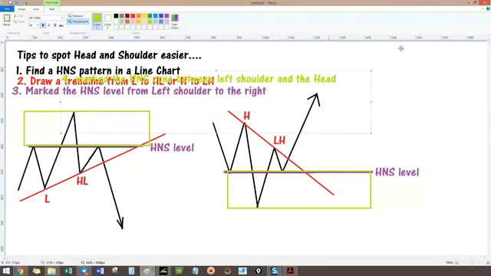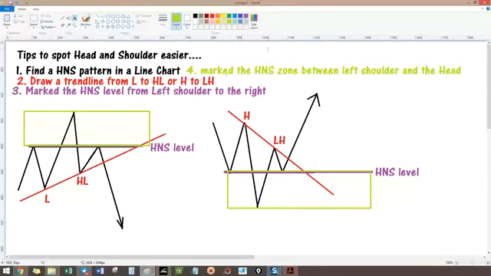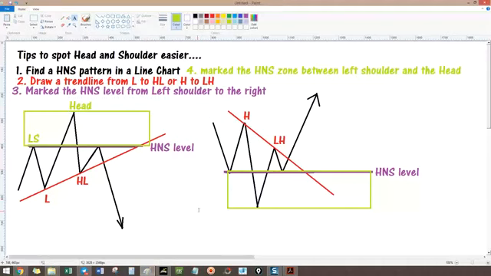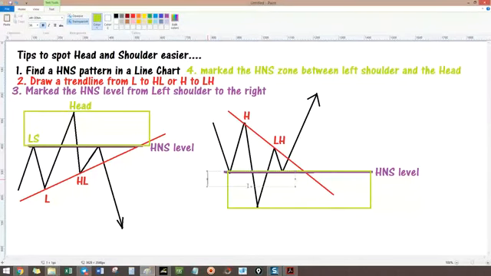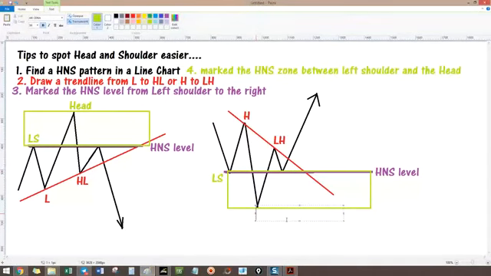Okay, number 4. Right, so over here is left shoulder. Over here is head. Over here is LS. Over here is head. Okay.